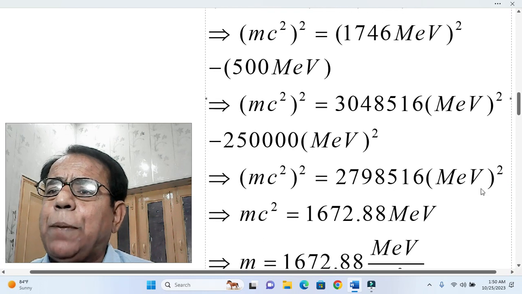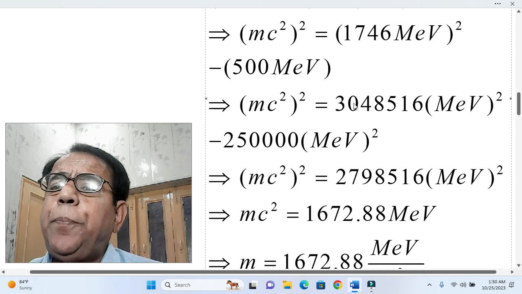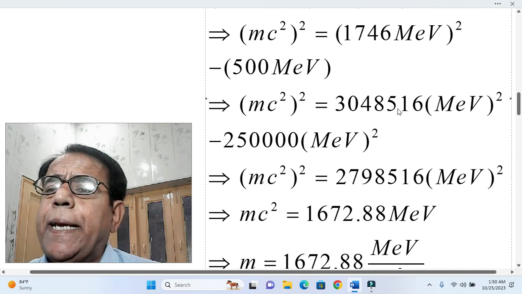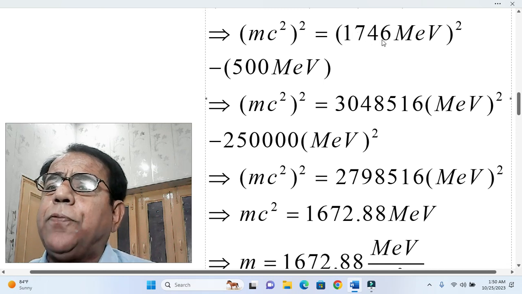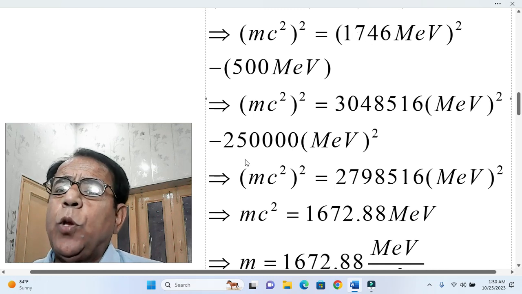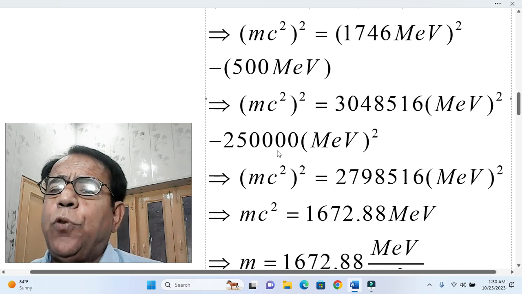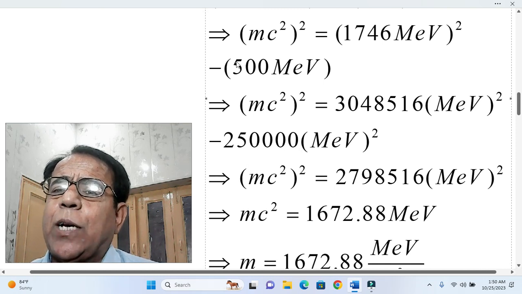In the next step, dear students, 3048516 is equal to the square of 1746 plus the square of 500.